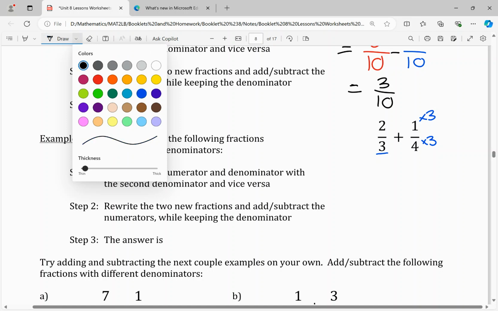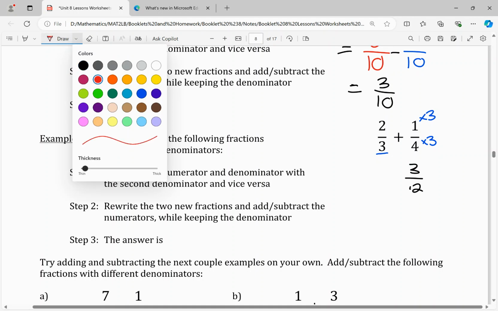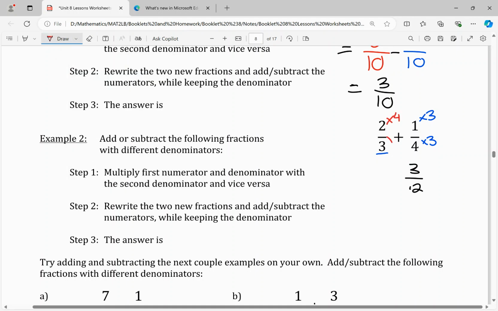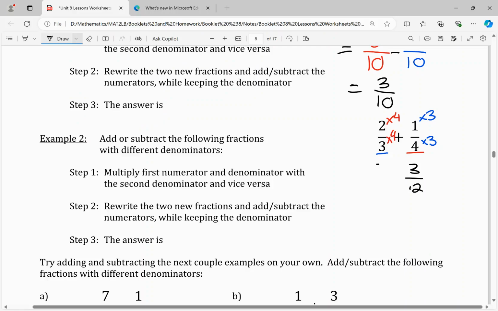That is going to give me 1 times 3 is 3. 4 times 3 is 12. Then we're going to multiply the first fraction by the second denominator. That means that we're multiplying both of those numbers by 4. 2 times 4 is 8, and 3 times 4 is 12.